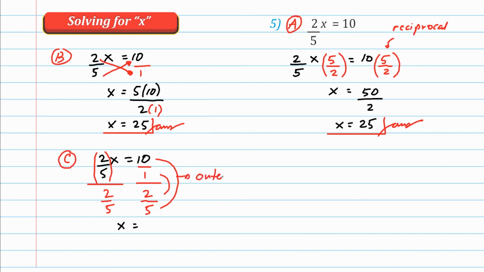Outer, the product, divided by the product of the inner. So in the end, it's 10 times 5. That's the outer. So let me set it up. 10 times 5, divided by the product of the inner, 1 times 2. So we have 10 times 5, 50 divided by 2, 25. We have the same answer as previously solved using other methods.